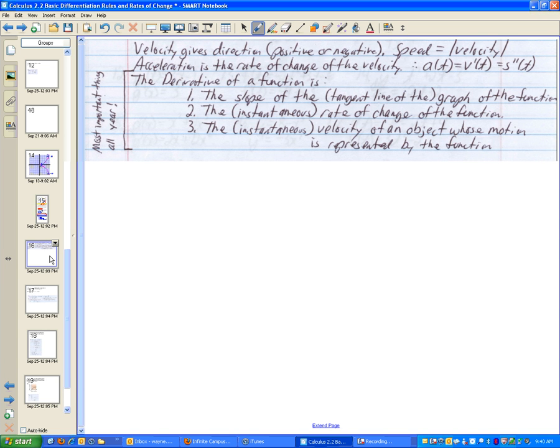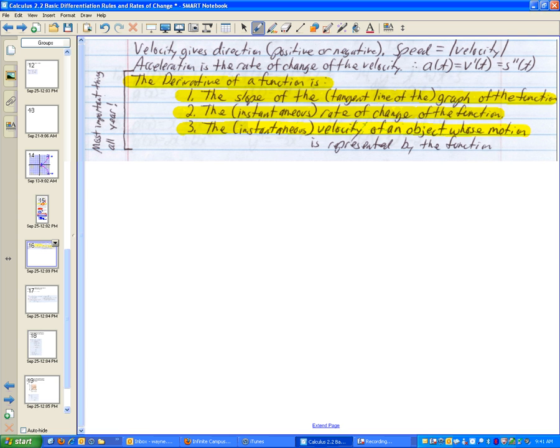All right. Here's what you got to make sure you know. You've got to know that velocity gives direction, positive or negative, that speed equals the absolute value of velocity, that acceleration is the rate of change of the velocity, that acceleration is the derivative of velocity, and is the second derivative of position. And you got to know, and we've talked about this 100 times, that the derivative of a function is the slope of the tangent line or the slope of the graph of the function. It's also the rate of change, instantaneous rate of change, not average rate of change.